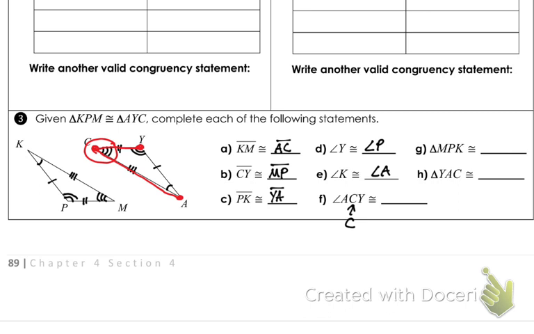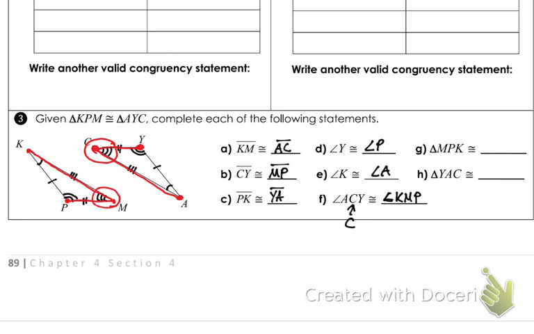Remember, to name an angle, you can name 3 points or you can name 1 point. If I use 3 points, the center one is our vertex. So that means I'm matching it up with M. Is it K and P? We're going to use the 3 letters, so we'll use K, M, P. Or you could have done PMK. Angle K, M, P.